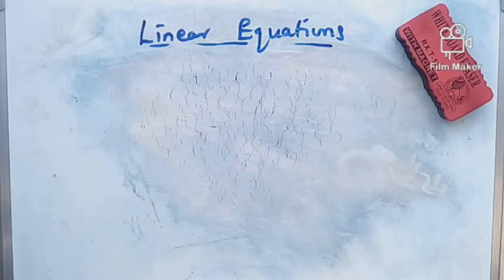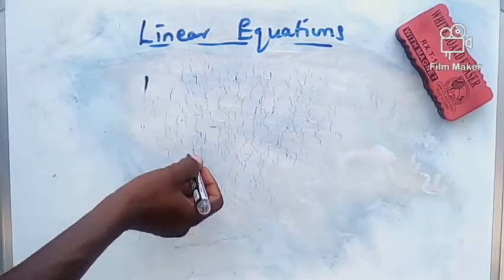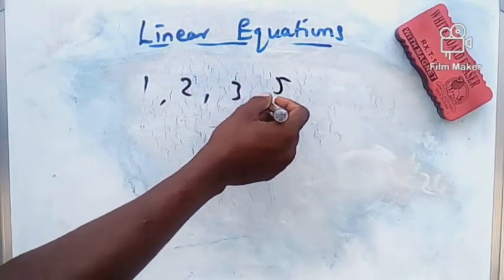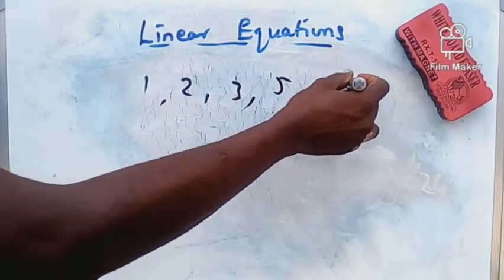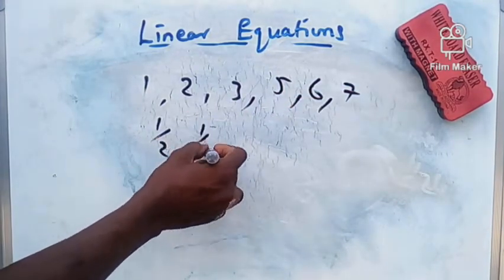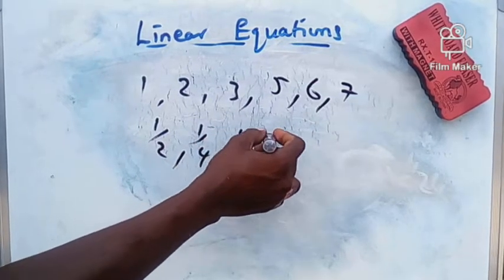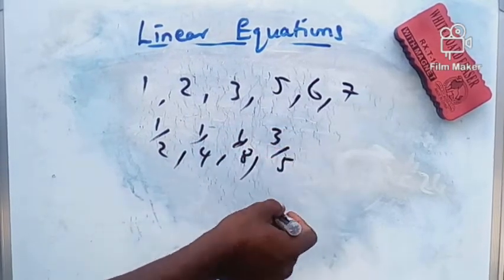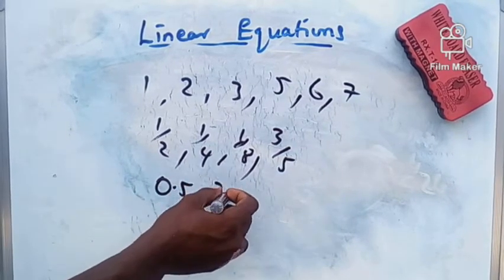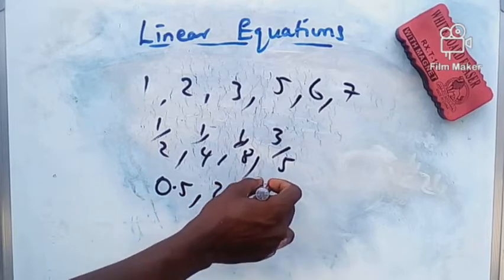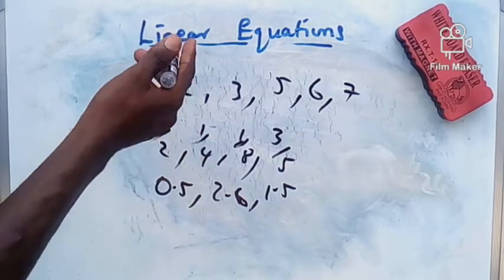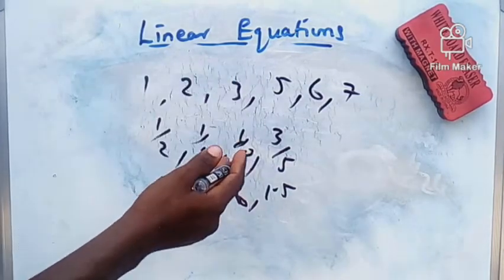Now let's say we have numbers such as 1, 2, 3, 4, 5, 6, 7, or fractions such as 1 over 2, 1 over 4, 1 over 8, 3 over 5, or decimal numbers such as 0.5, 2.6, 1.5, call it anything, provided that you know what the number is.